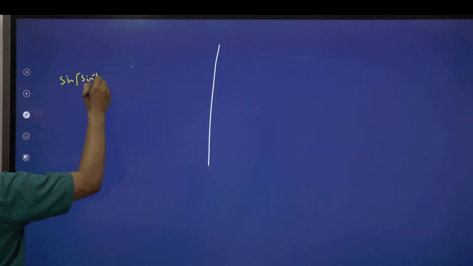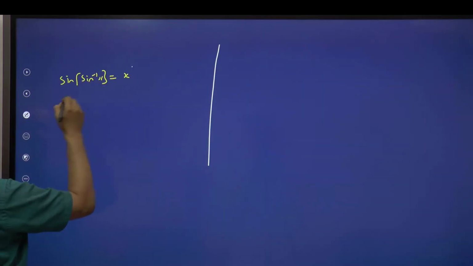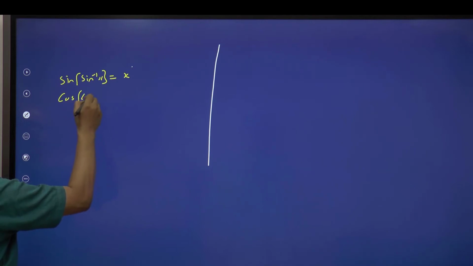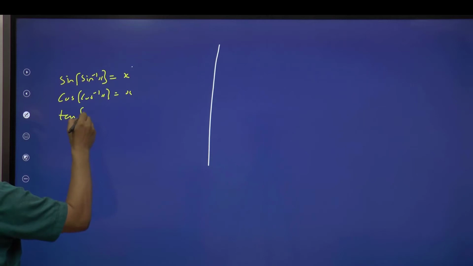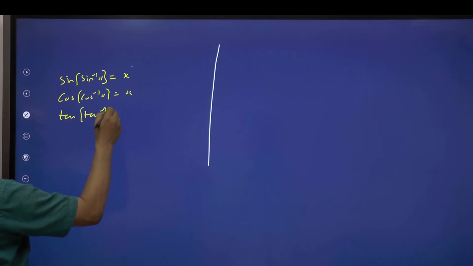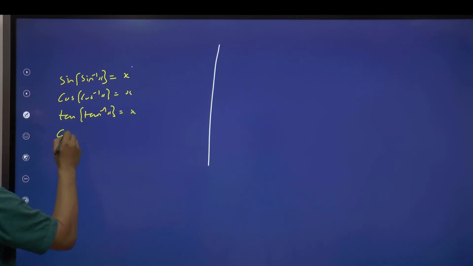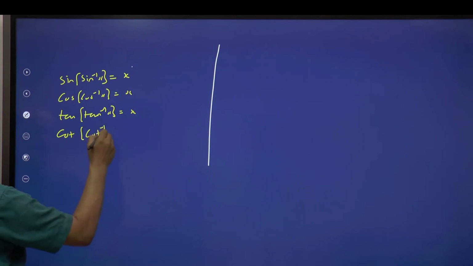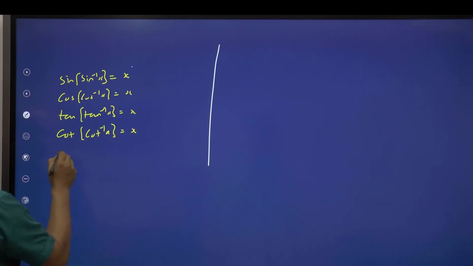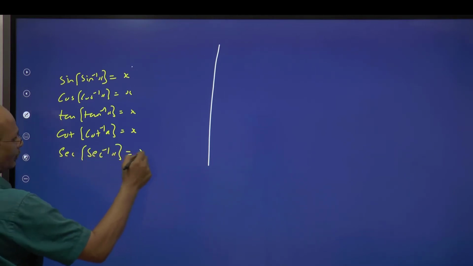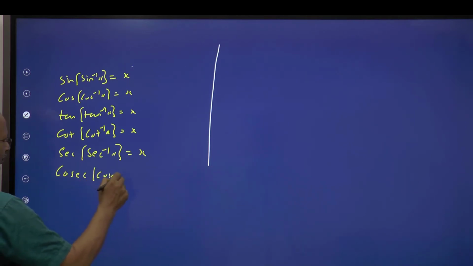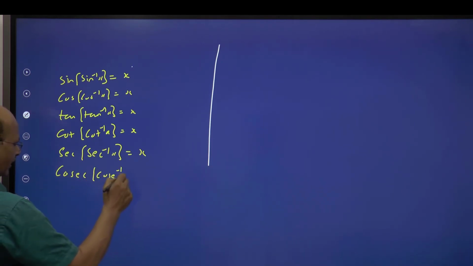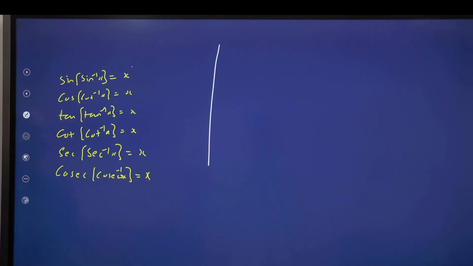That part: sin inverse x is equal to x, cos inverse x is equal to x, tan inverse x is equal to x, cot inverse x is equal to x, sec inverse x is equal to x, cosec inverse x is also x.